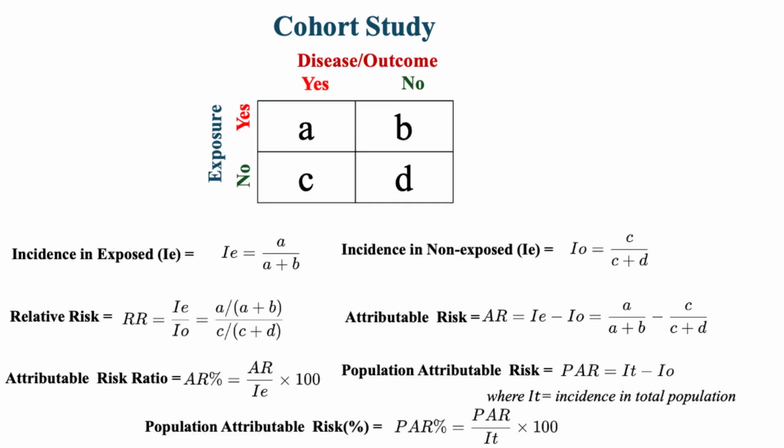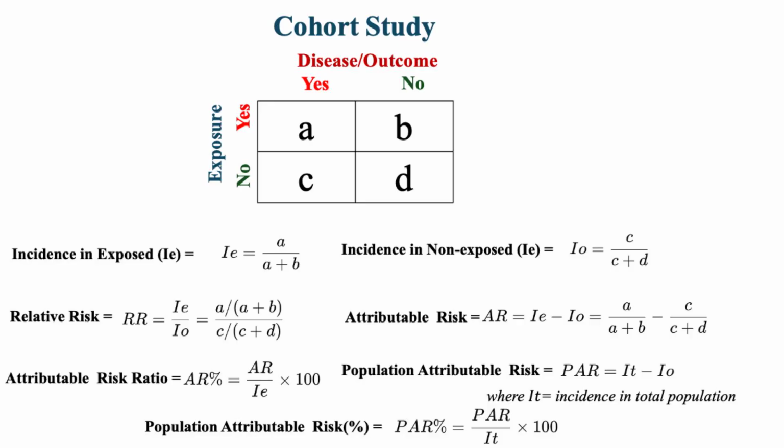Here we have the 2x2 table for a cohort study. From this table, we can calculate several key measures of association. Incidence in the exposed group, Ie, is simply A over A plus B. Incidence in the non-exposed group, Io, is C over C plus D. Relative risk is the ratio of these two incidences, Ie divided by Io. Attributable risk, AR, is the difference, Ie minus Io.